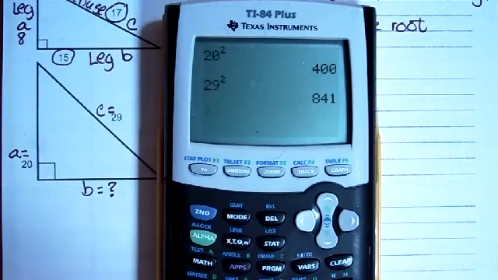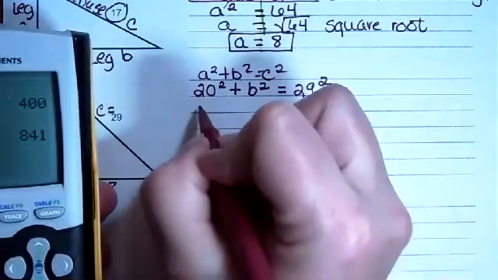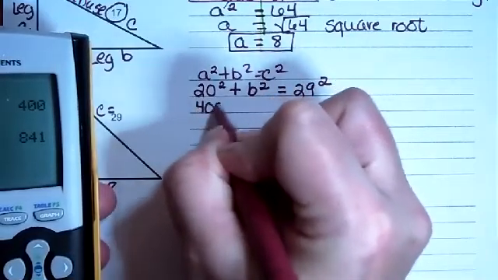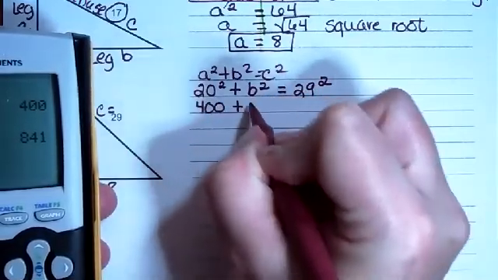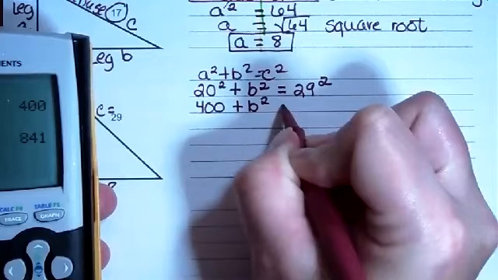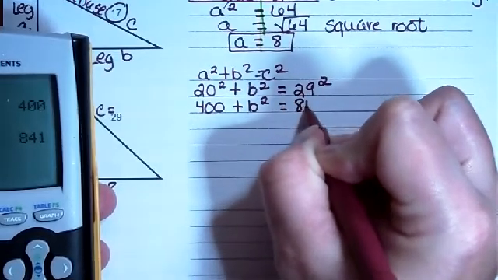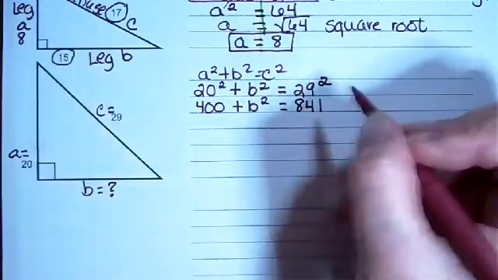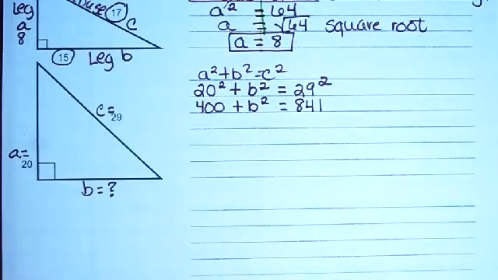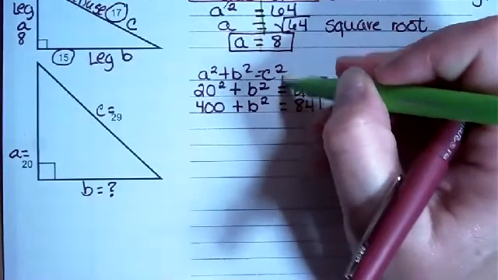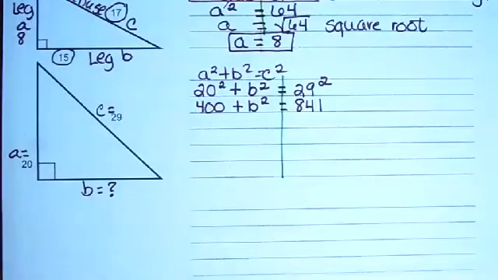So I'm going to slide my calculator out of the way and put those two numbers in their appropriate spot. So we said 20 squared was 400, plus B squared equal to 29 squared, which we found was 841. Again, if you like putting in that river like we did with our other equations this year, you can put your river in there.